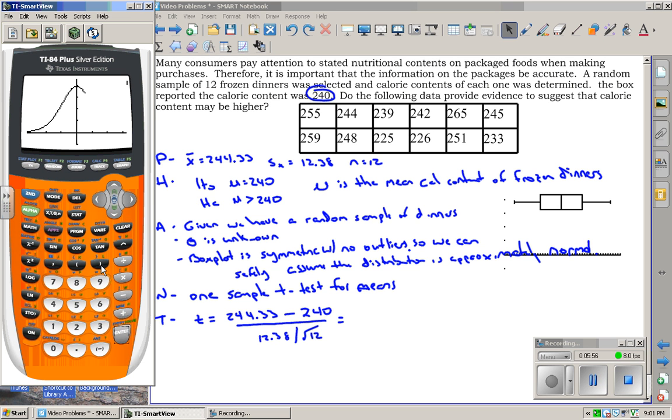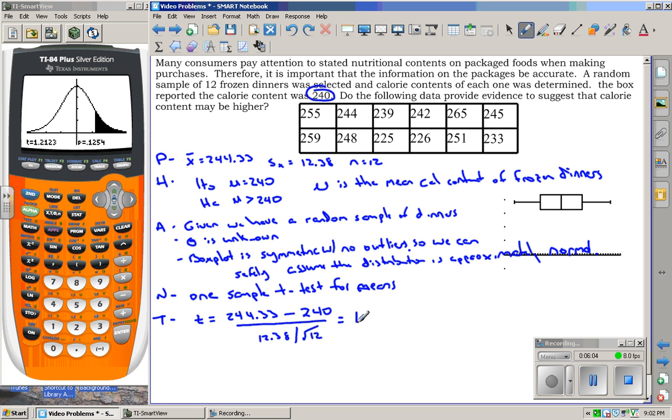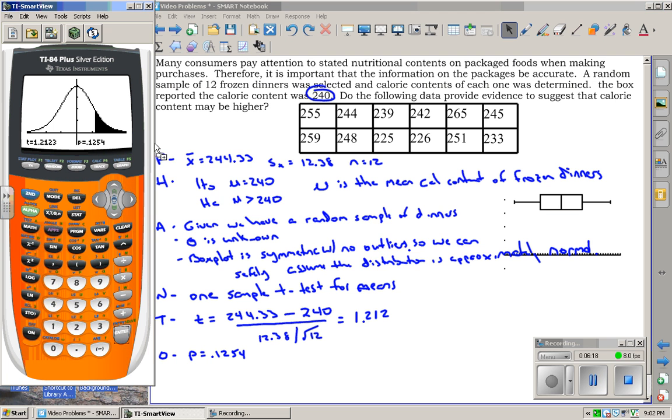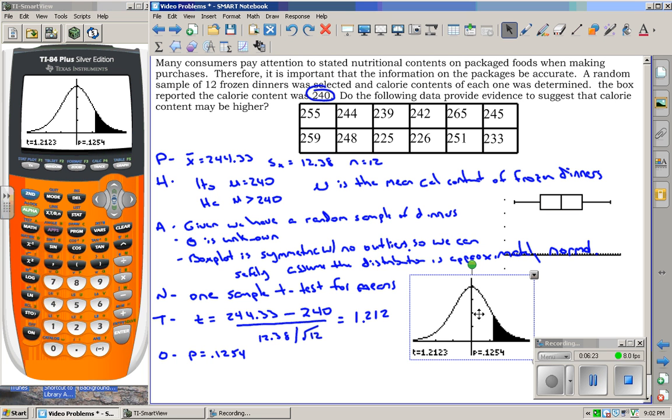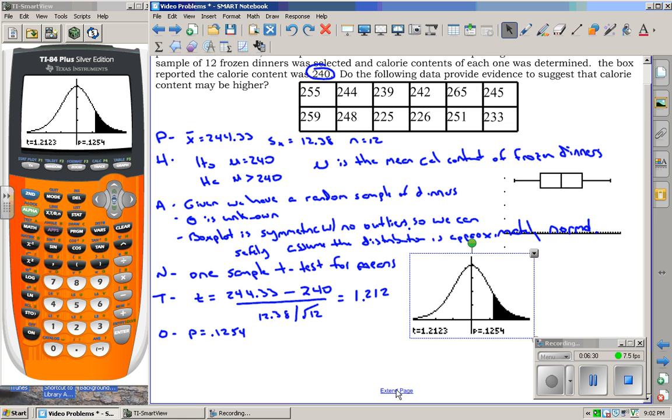And so here it comes, it's drawing it out. And it tells me that the t-statistic is 1.212. And it also then gives you your p-value, so we can go ahead and write that down, 0.254. And since I have it all here, I can drag that right over there, and I can put a nice little picture in there to show that it is normal. I can show what the t-statistic is, and I can also show what the p-value is all at one time.